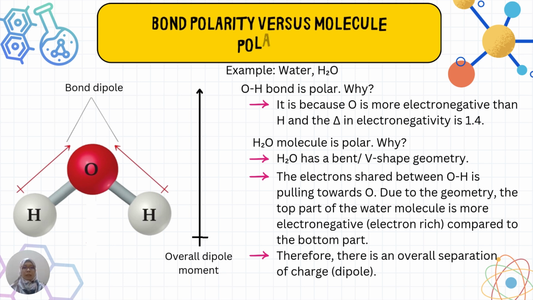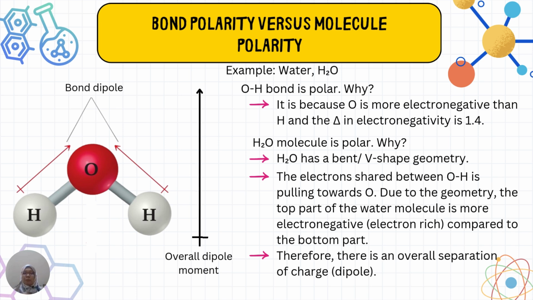Now, let us look at another example, which is the water molecule. On the left here would be your water molecule. You can see that the O-H bond is polar. Why? Because oxygen is more electronegative than hydrogen. If you calculate the difference in electronegativity, it is 1.4. The whole water molecule is also polar. Why is that? If you draw the geometry of your water molecule, you will notice it has a bent or V shape.